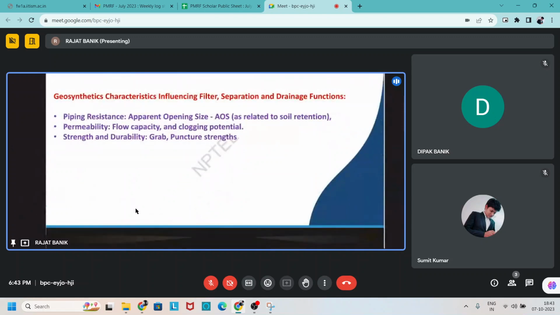Now, geosynthetic characteristics influencing filter, separation, and drainage function. When we use the geosynthetic material as a filter, a separator, or for drainage purpose, then some characteristics should be known for this geosynthetic material. Then only we can use different geosynthetic materials for these purposes, like filtration, separation, and drainage.